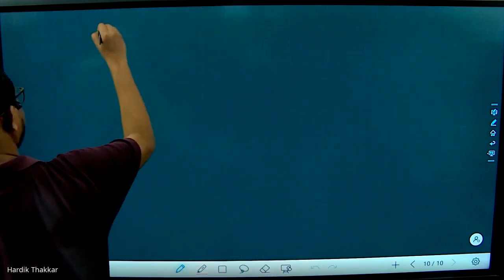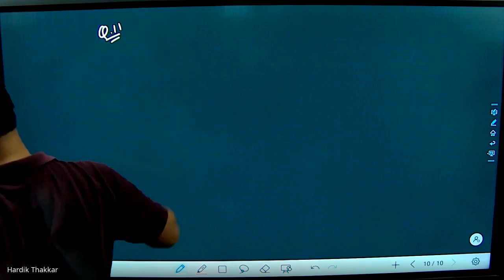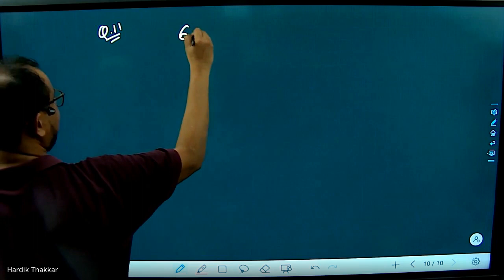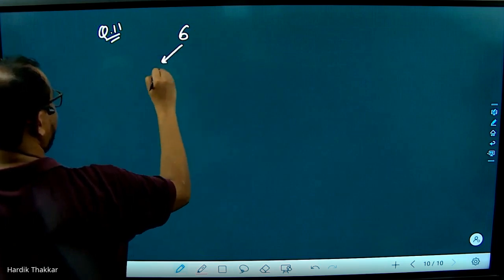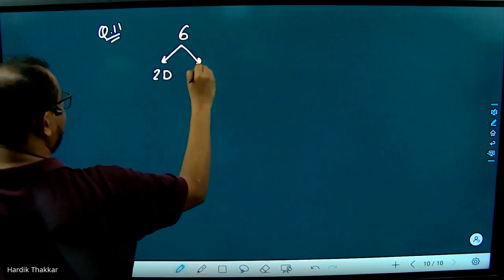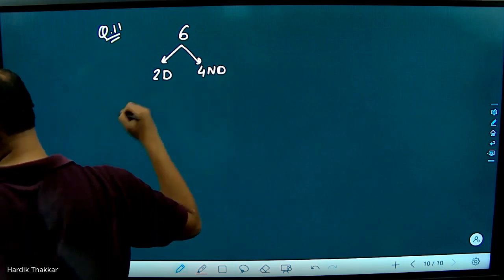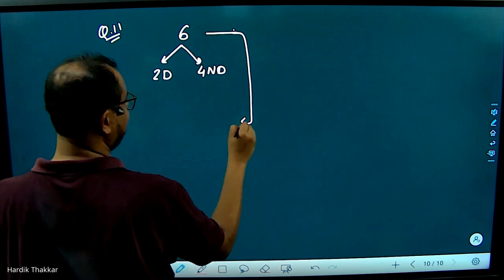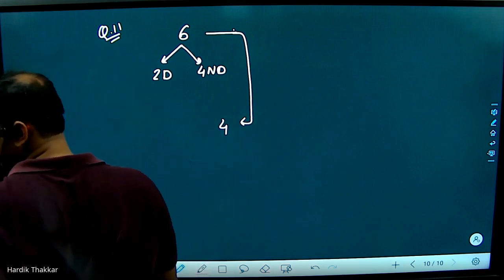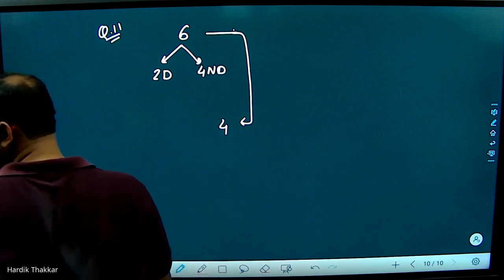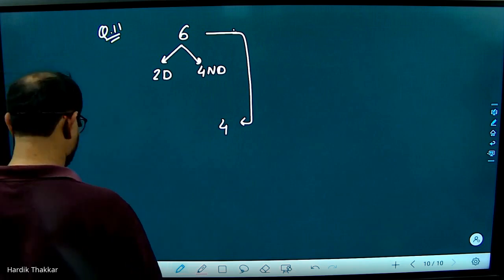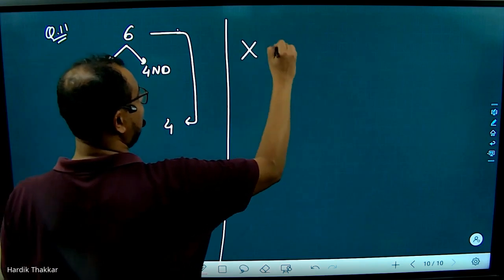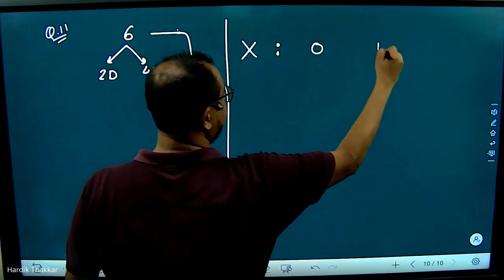Okay, so question number 11 says that from a lot of 6 items containing two defective, 4 items are drawn at random. So the lot has 6 items in total. Out of them, two are defective, four are non-defective. The random variable x denotes the number of defective items. So x can be 0 or 1 or 2.